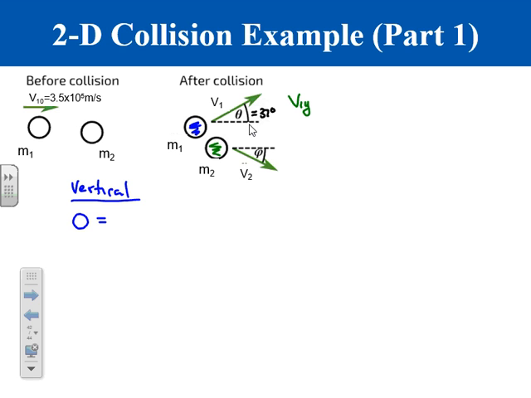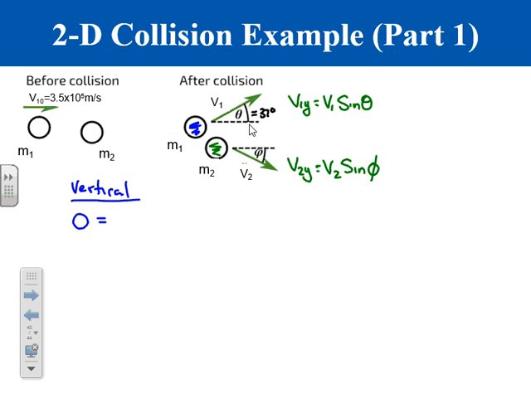So the final velocity there in the y direction for our first mass is going to be our final velocity. And because this is the vertical side, we're going to use sine times the sine of theta. All right, and then down here for V2, we're going to have our final velocity times the sine of this angle psi.